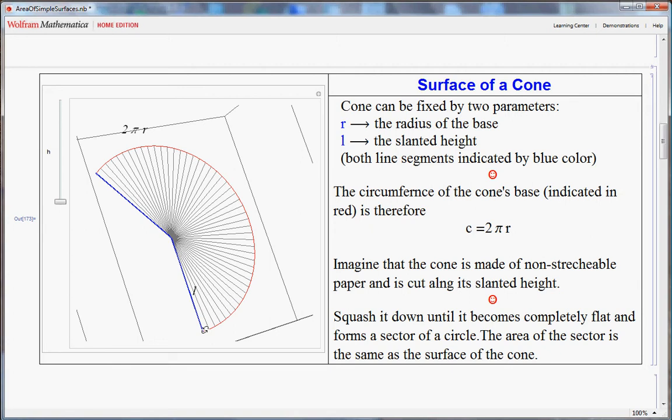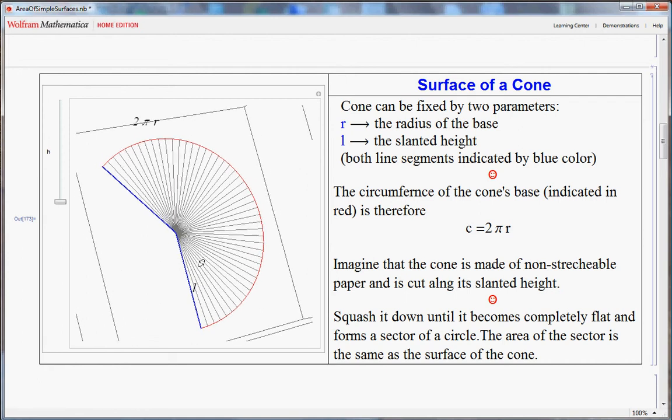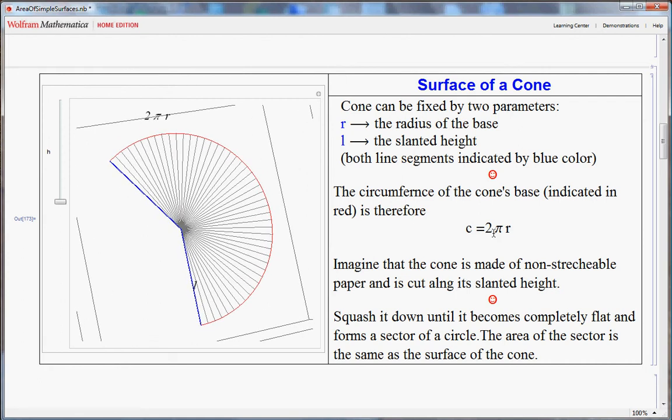That cone's base radius is no longer visible on this picture. Okay, so we have reduced the problem of finding the area of a cone to the problem of finding the area of a circular sector with the given radius and the given circumference. Let's call that circumference little c, and we see that this little c equals 2 pi r.